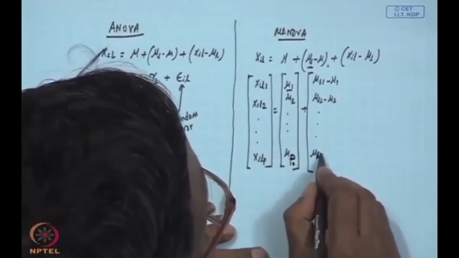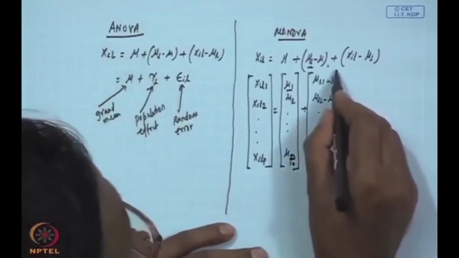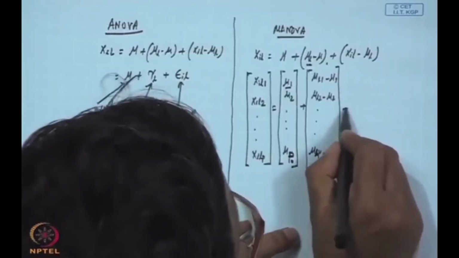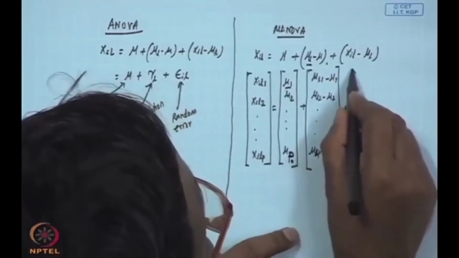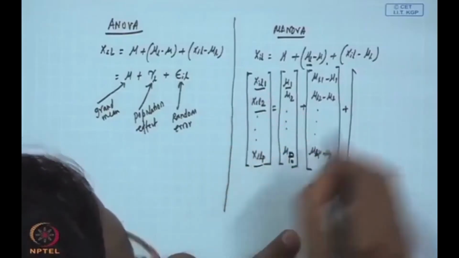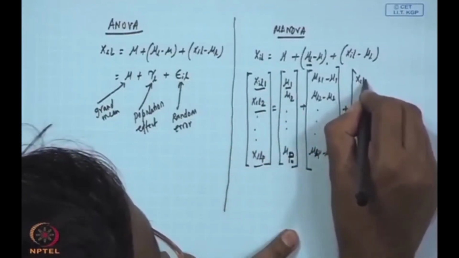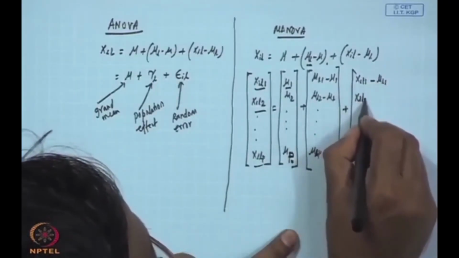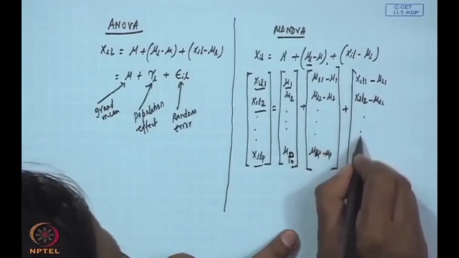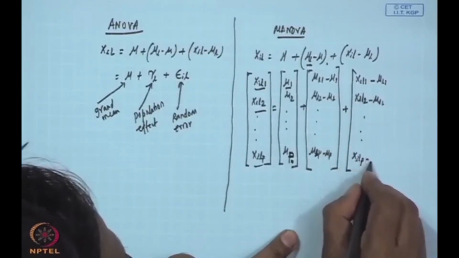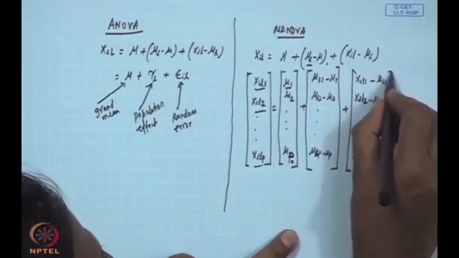So, then mu Lp minus mu p, that is why the problem comes. I have written mu L. Then plus the same thing, XIL1 minus mu L1, XIL2 minus mu L2, in the same manner XILp minus mu Lp.